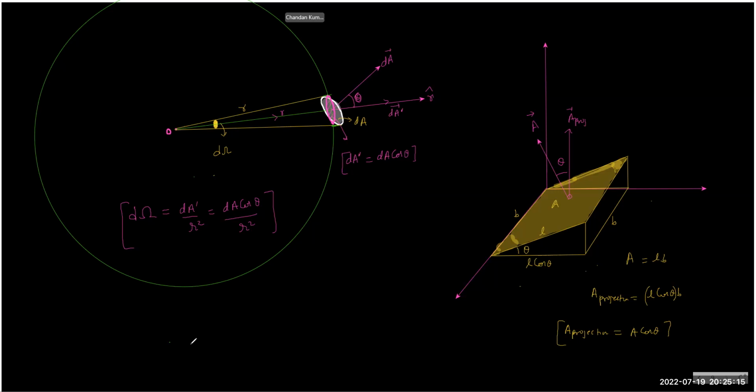So we have anyway derived the answer, and you're only supposed to use it as and when required. So the d omega for any surface is dA cos theta by r square. Now, what theta is, is important. Theta is the angle between the r vector and the actual area vector.